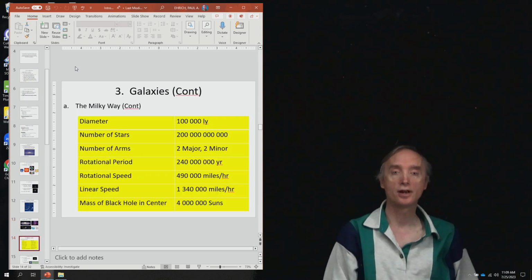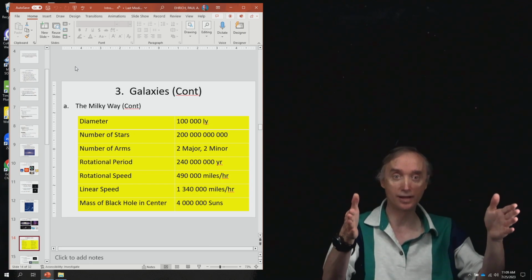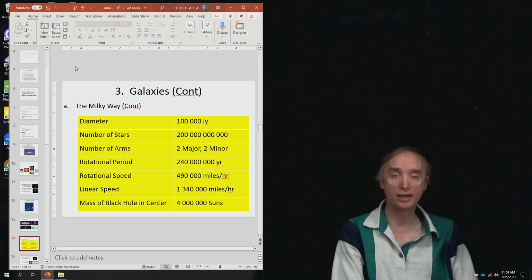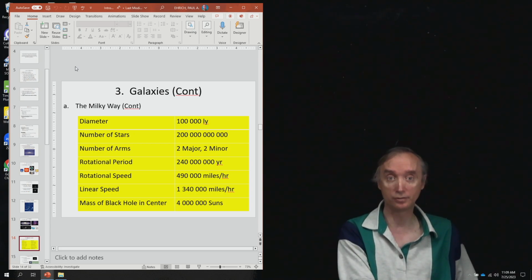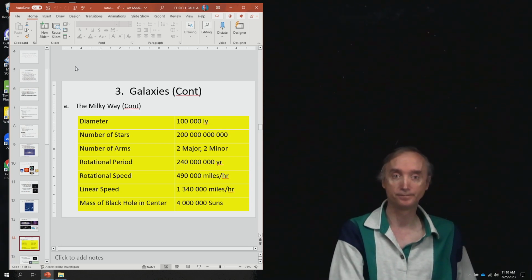Okay, then as far as statistics about the Milky Way galaxy, you definitely need to know that it's about 100,000 light years across, and that a typical galaxy contains about 100 billion stars. Now ours is a bigger galaxy, so it's got 200 billion, but a typical galaxy will have about 100 billion stars in it.